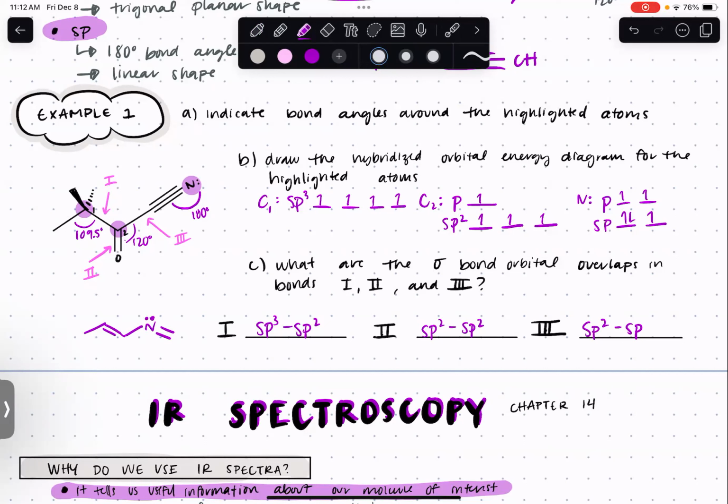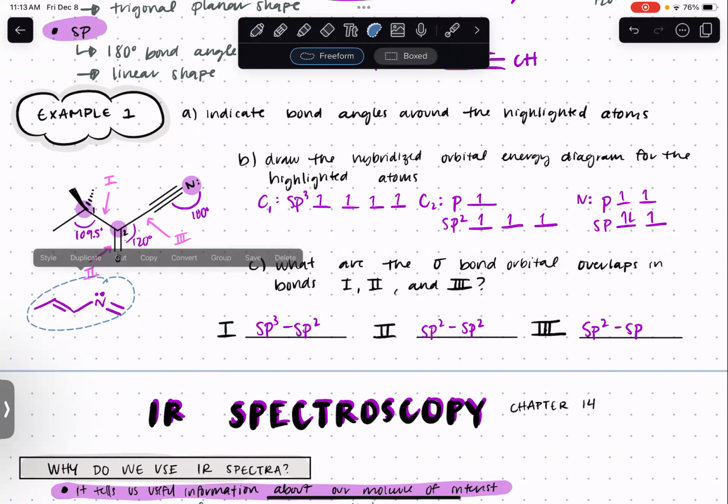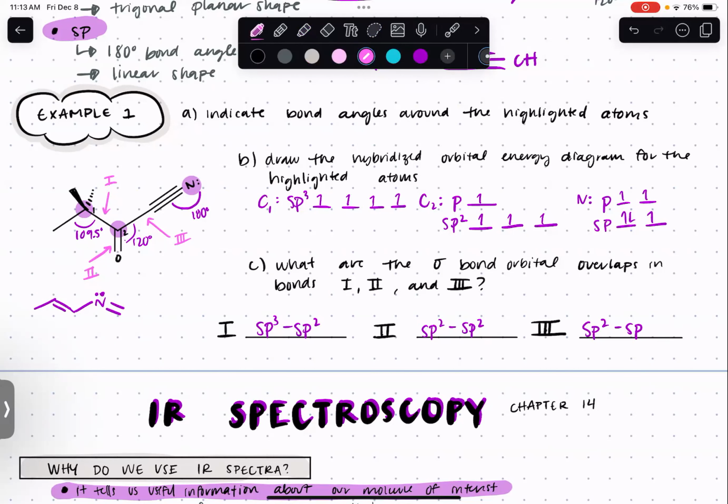So if you were to see something like this and she's asking, what is my orbital energy diagram for nitrogen, for example, what she's wanting you to recognize here is that nitrogen has a lone pair on it, and that lone pair is adjacent to this double bond over here. So because of that, this lone pair of electrons is not going to be in a regular hybridized orbital.